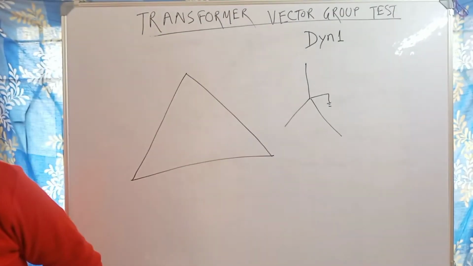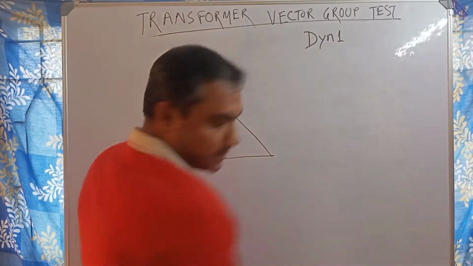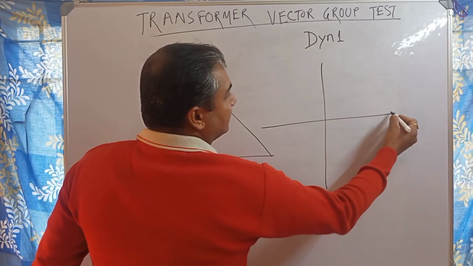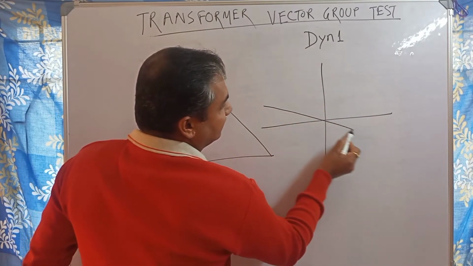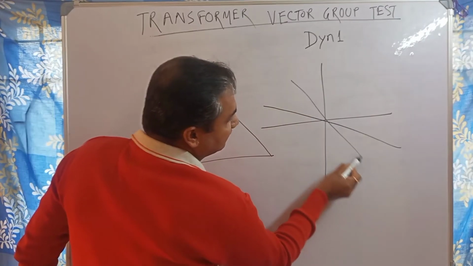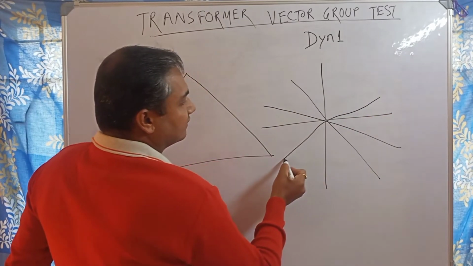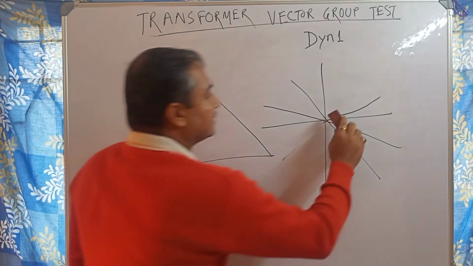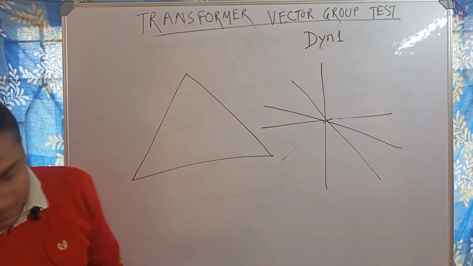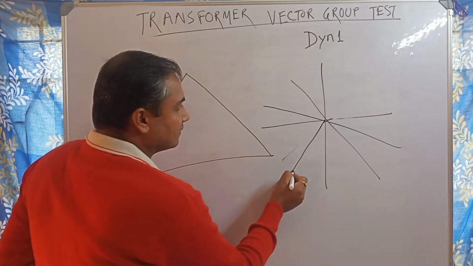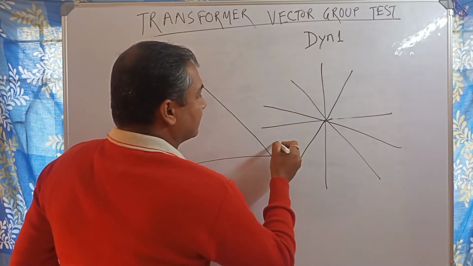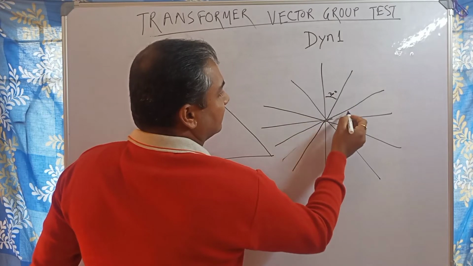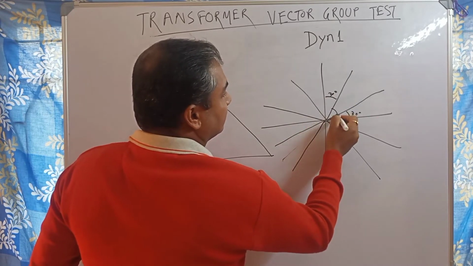Just divide 360 degrees into 12 parts. Each part is 30 degrees.